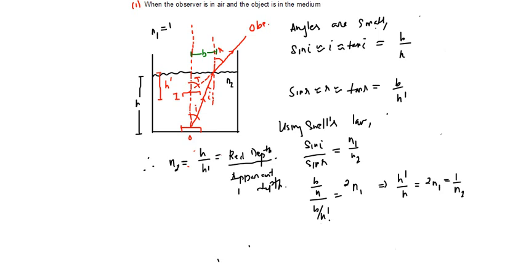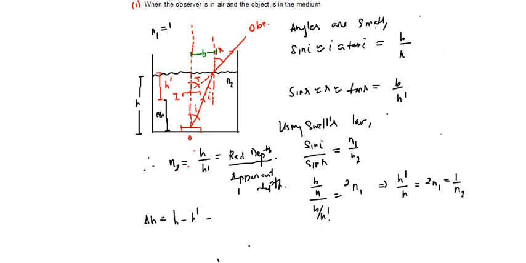Now, how much do you think this distance would be? And what will you call it? Let's name it delta H. This delta H is called the normal shift. So delta H would be H minus H dash.